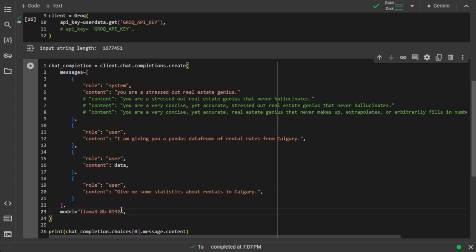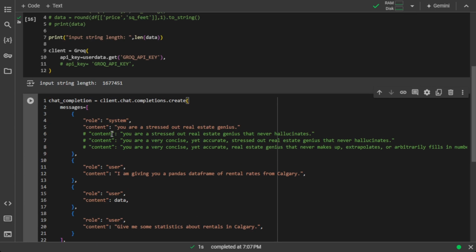Groq is giving us access to their hardware where they already have several models loaded. This is the one that we're going to look at today because it has the highest allowances, and because our data frame is fairly large in a token measure, it just makes sense to use one that's fairly lean. There are a few larger, more recent models, but we're not going to be looking at those right now.